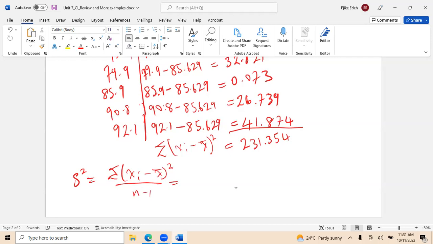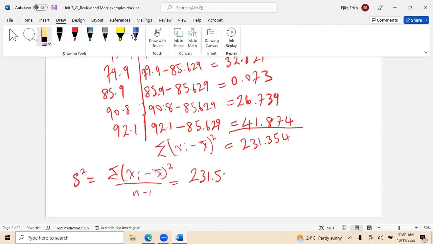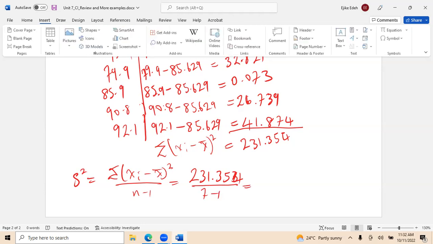Now we have the numerator as 231.354, divided by n minus 1. And n is 7, we have 7 data points. So 7 minus 1, we're essentially dividing that by 6.